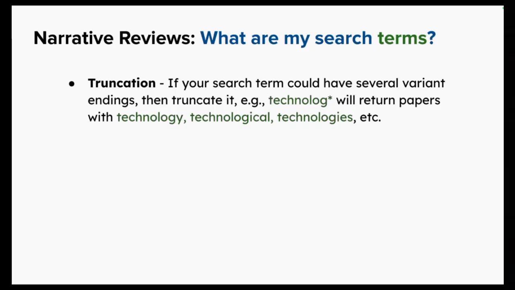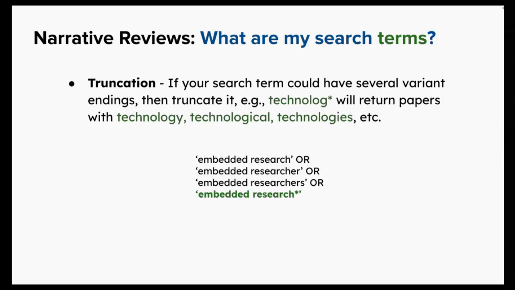So here our example is technology, and you'll see we have technology, technological, technologies. You don't need to think about all of the different variations or write them out by simply putting that asterisk after the G. As we see up here, you will just be telling the database, hey, go fish for all of the root words that have this in it.